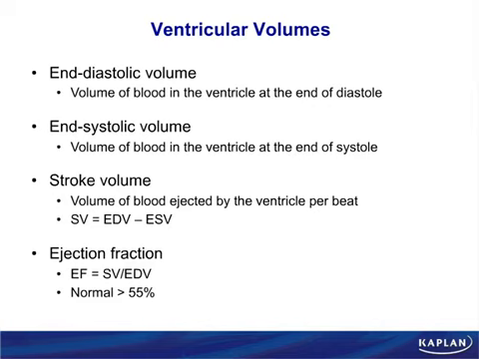Ejection fraction is simply what fraction got ejected. It's the amount ejected divided by what I start with. Normal ejection fraction is around 60 to 65%. So in other words, anything greater than 55. We start getting a little concerned if ejection fraction falls below 55%.